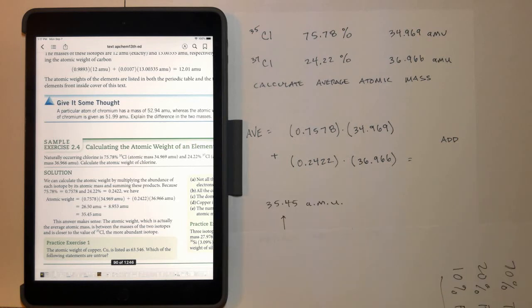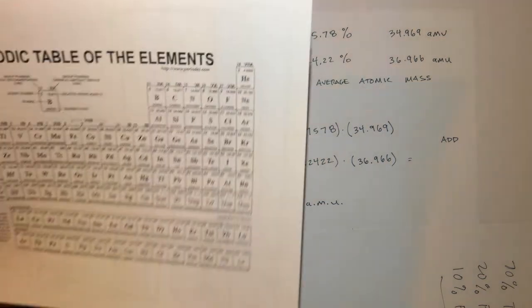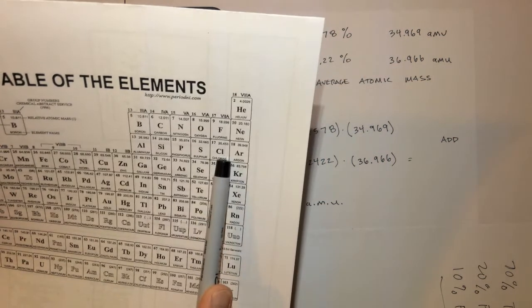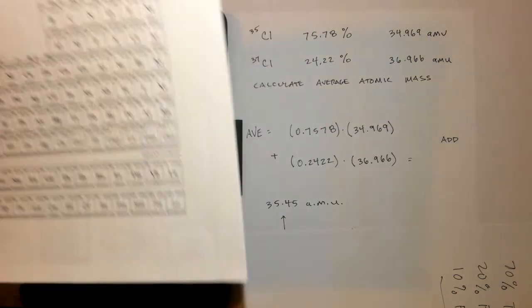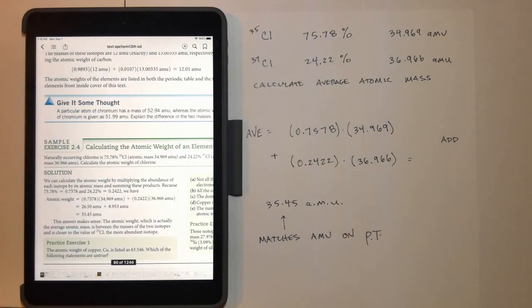The weighted average turns out to be 35.45 AMUs. And if you look on the periodic table, you can find, oh yeah, that matches. It says 35.45 right up here for its atomic mass. It matches the AMUs on the periodic table. That is how each atomic mass is calculated for the periodic table for every single element.